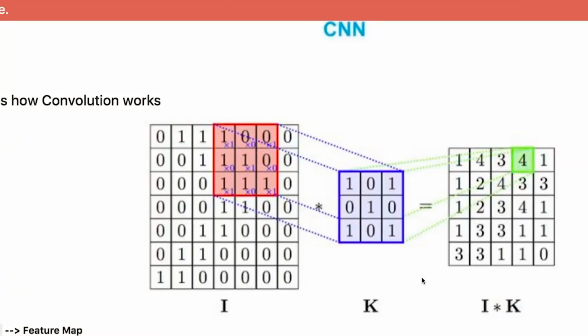The image matrix size was 32 into 32, so we take the size of input as 32, and the kernel size was 3 into 3, so we take the size of kernel as 3. 32 minus 3 is 29.